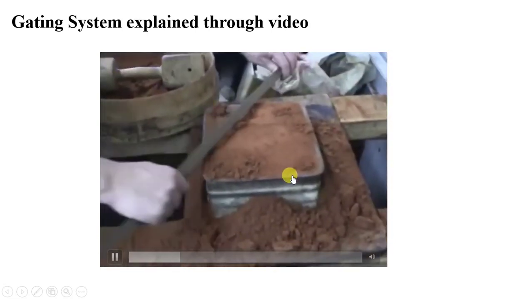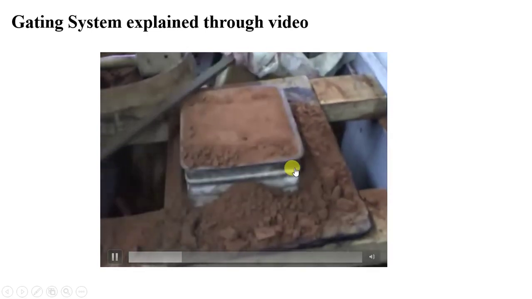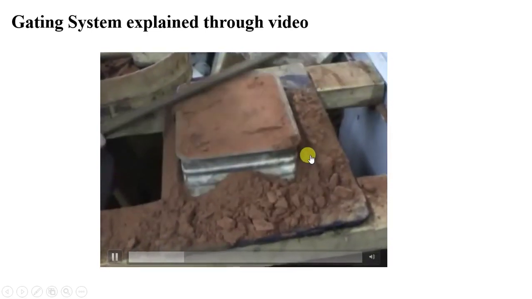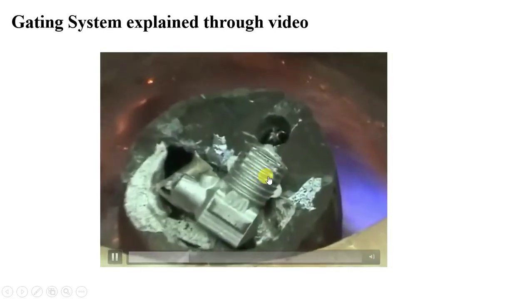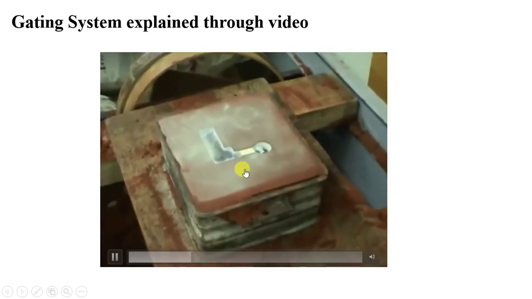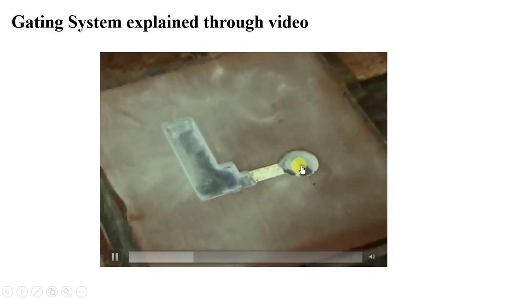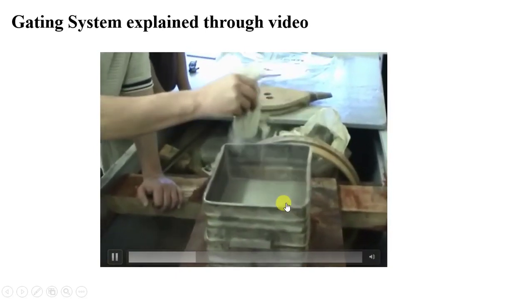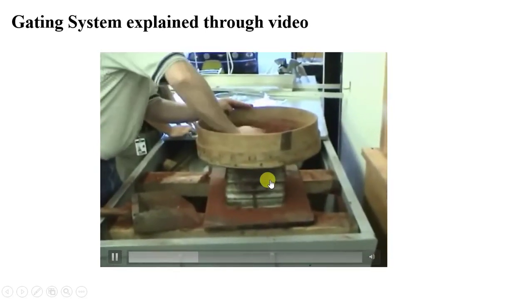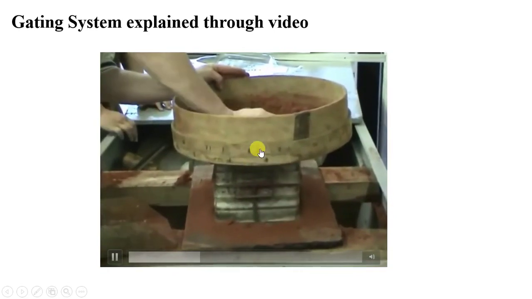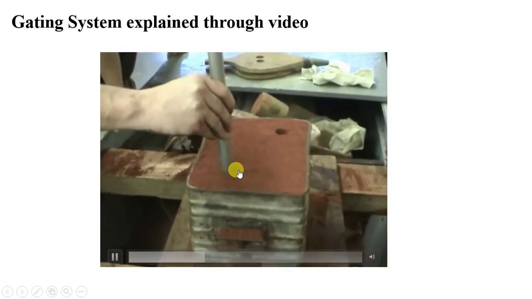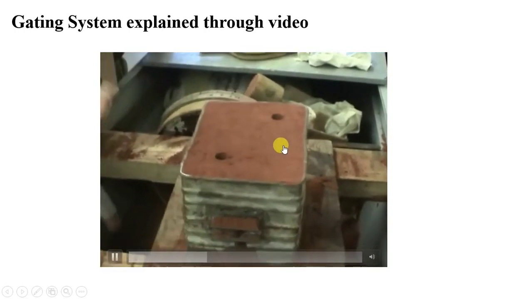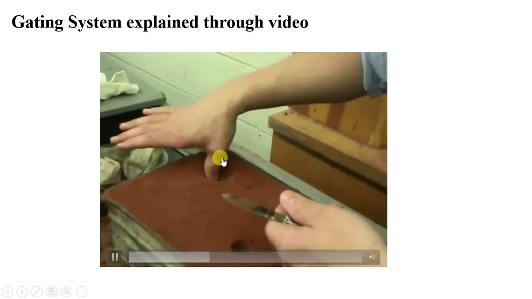The sand will be pressed against the pattern. This is the downward part. So here you can see aluminum waste will be heated. So here it is a pattern. Now it has been inverted and now the cope is filled with the sand. This is the procedure of making runner and riser. So this is a pouring basin.